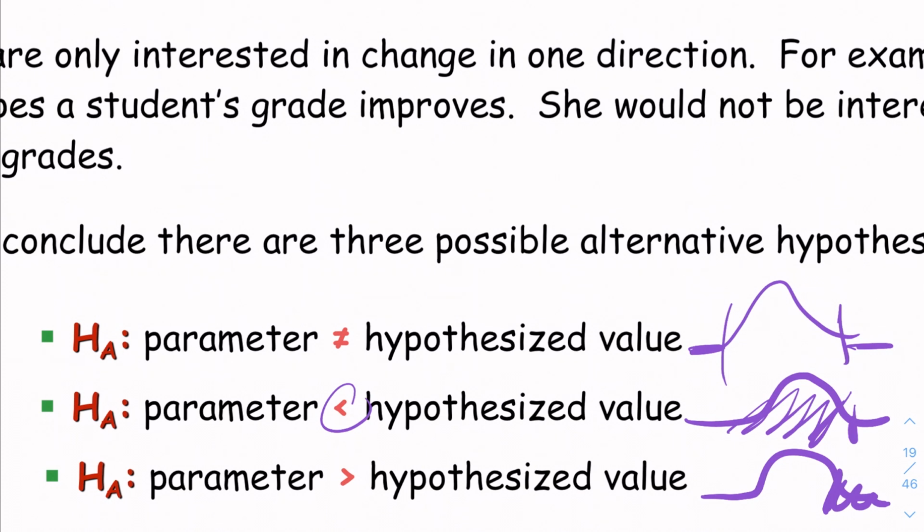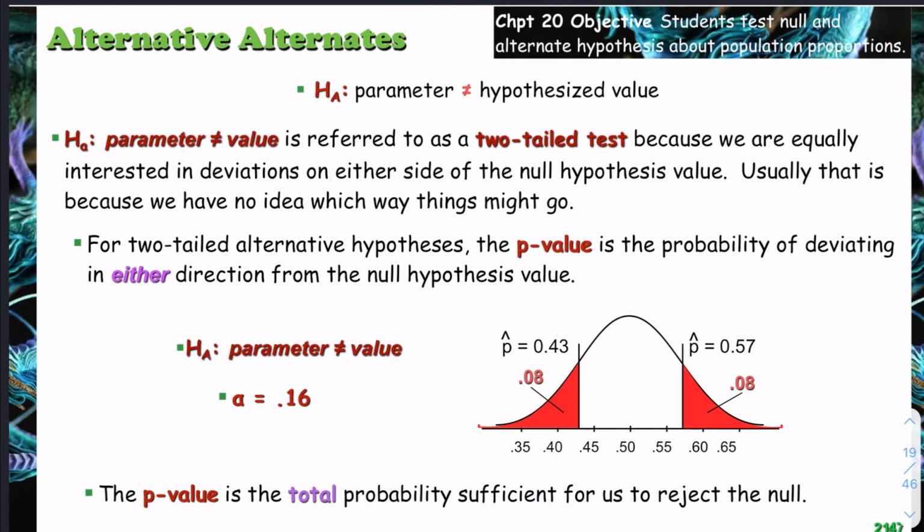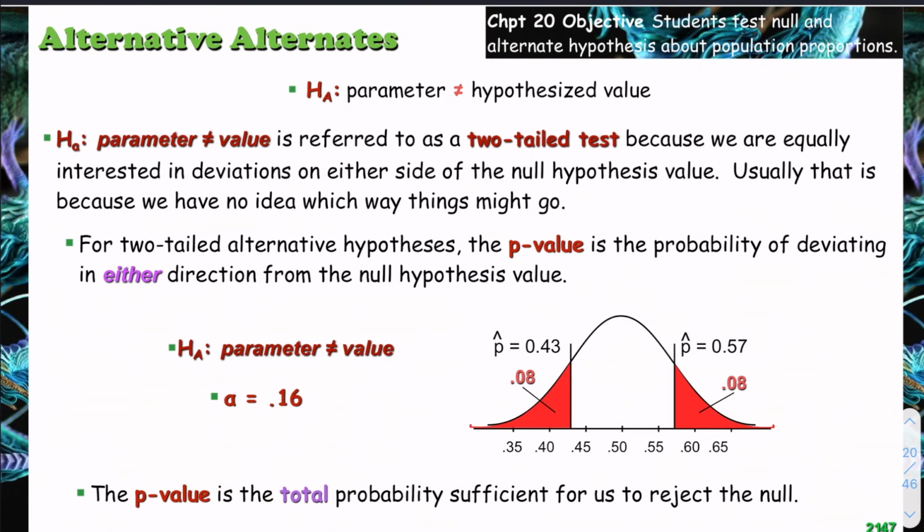So we could be less than our hypothesized value, or we can be greater than our hypothesized value. Now, just to get into the context of this, if our alternate hypothesis is that our parameter is not equal to the hypothesized value, this is called a two-tailed test because we are equally interested in the deviations on either side of the null hypothesis.